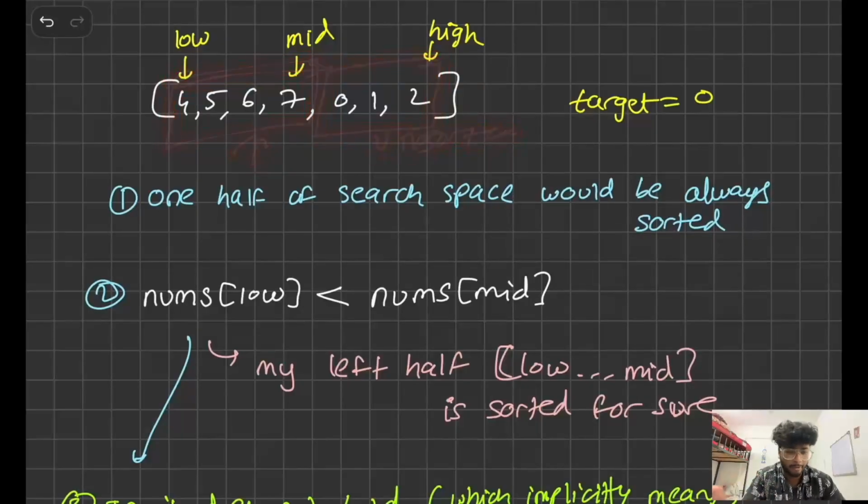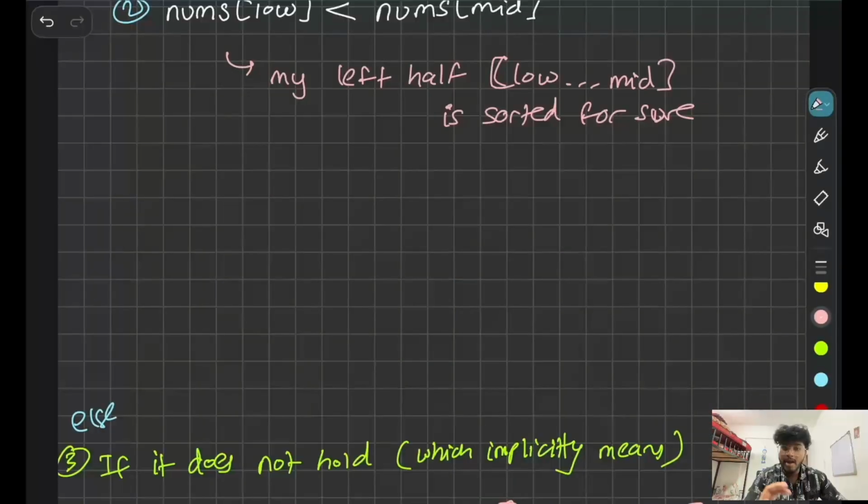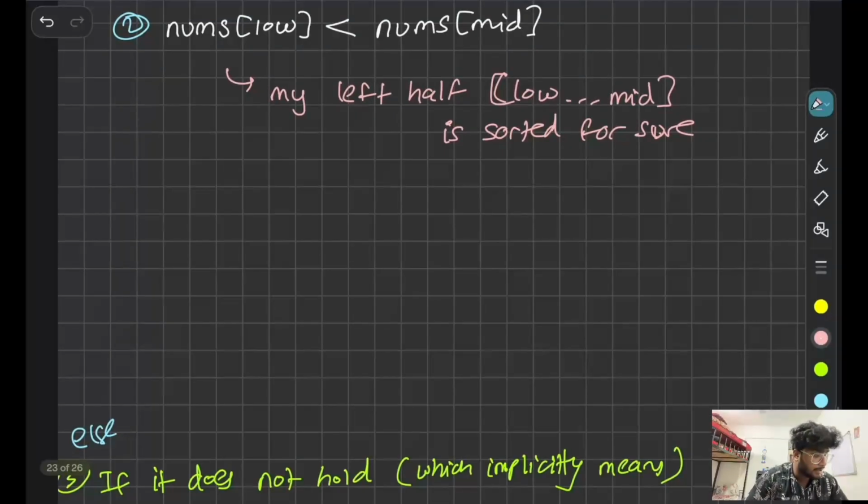So what I'll check now is, is my target lying in the sorted half? If my left half is sorted, I'll check, does my target lie in this left half or not?